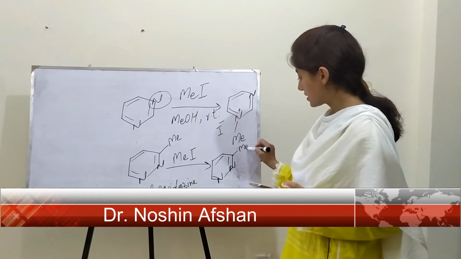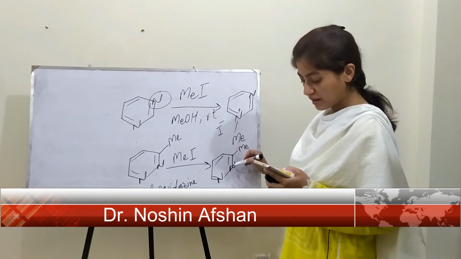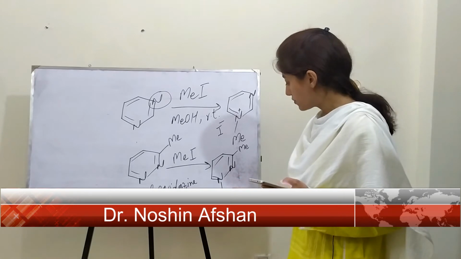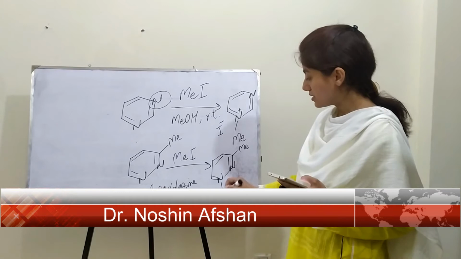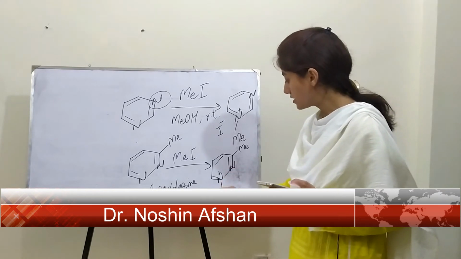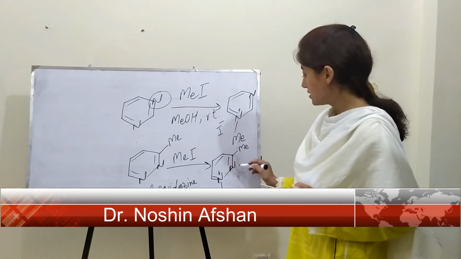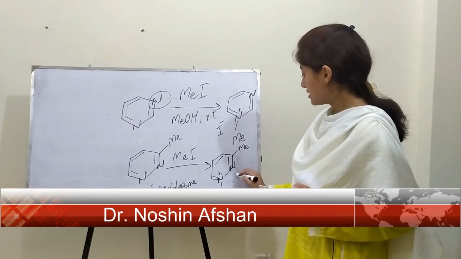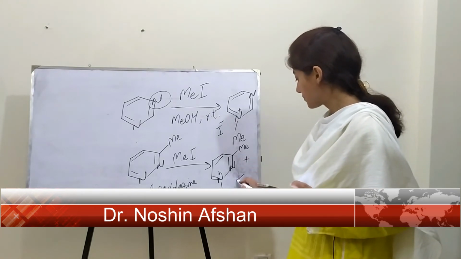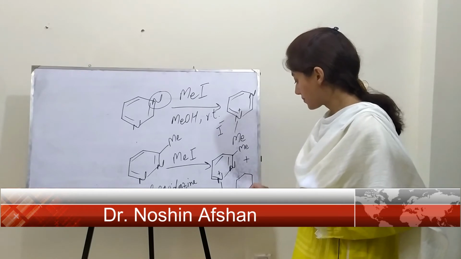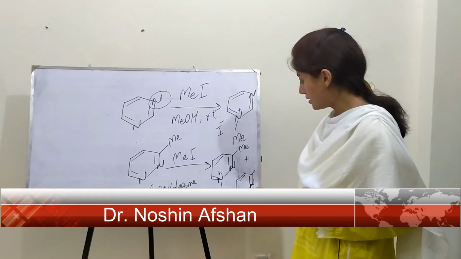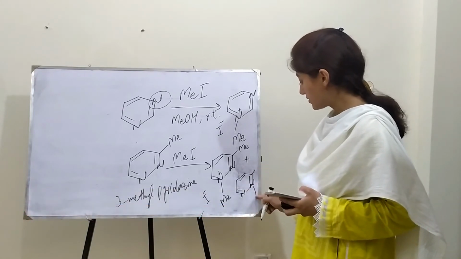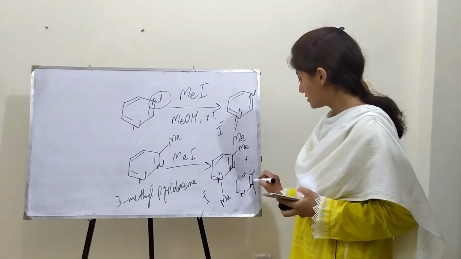Here it is methyl, and in this case only this nitrogen would get alkylated, here a positive charge and here the iodide ion, and the second product is here it is methyl, and at this nitrogen there is also a methyl group. So here there is a positive charge on this nitrogen.